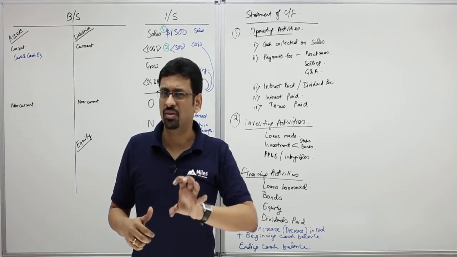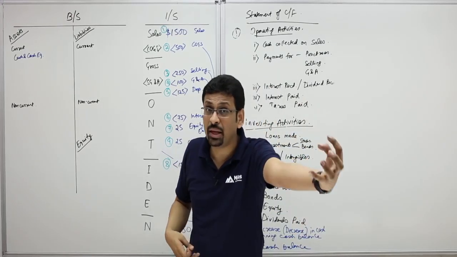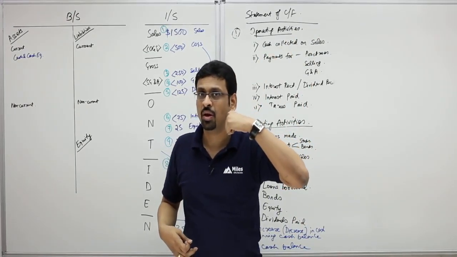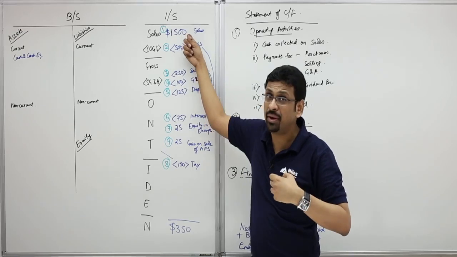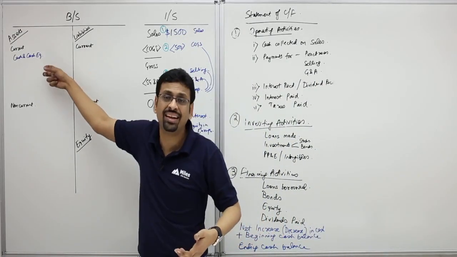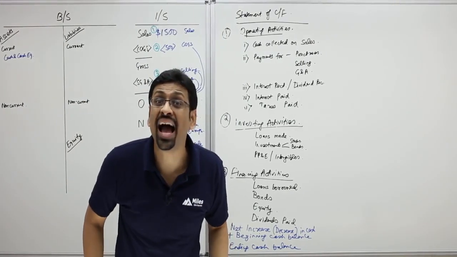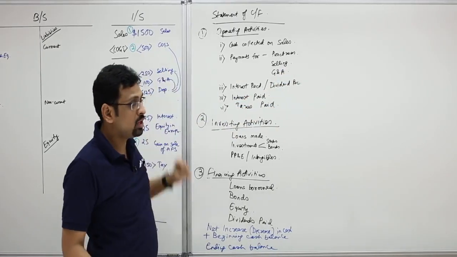What this means is maybe for all the sales that they've made, they haven't been able to collect all the cash. Of 1,500 sales they made, they could collect only 1,300. The $200 increased their accounts receivable here. Let's do the journal entry, look at the cash plug, which will get onto the cash flow statement.